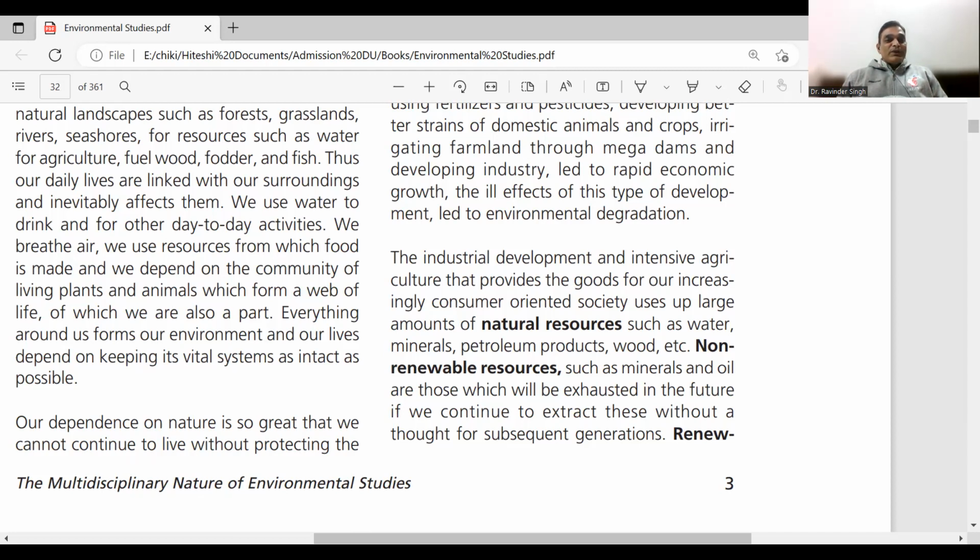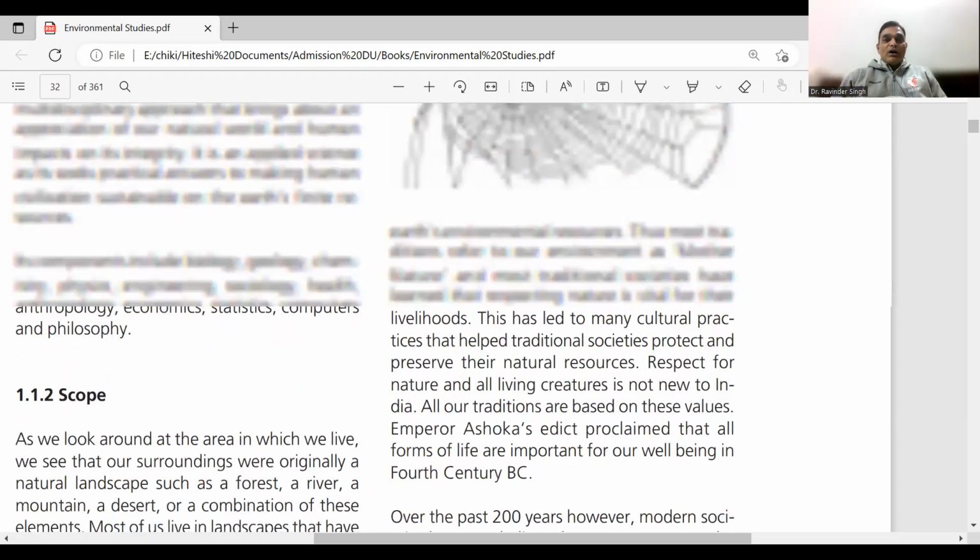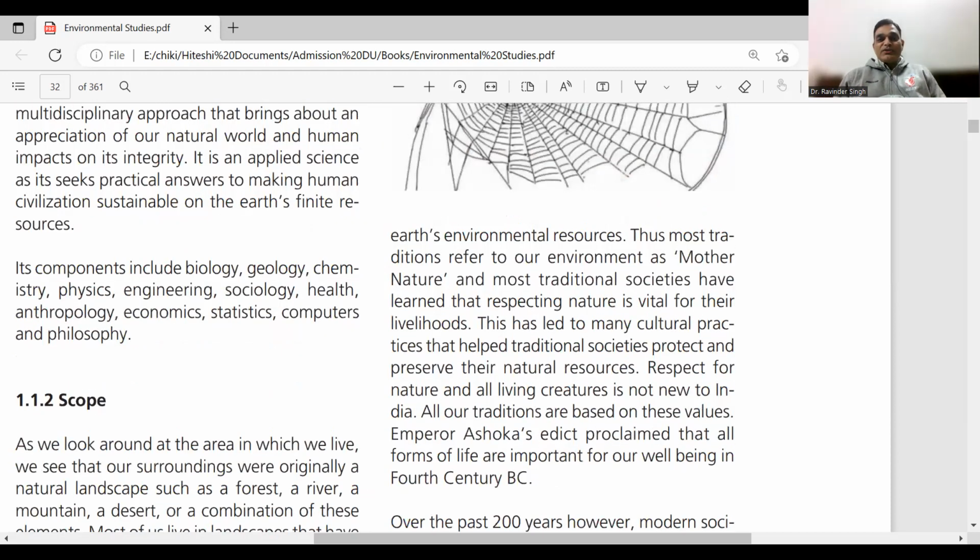Our dependence on nature is so great that we cannot continue to live without protecting the Earth's environmental resources.